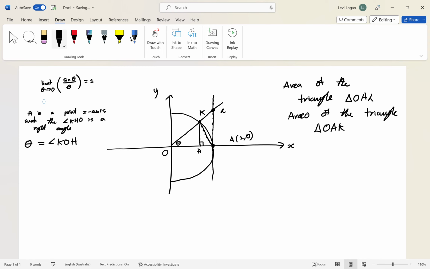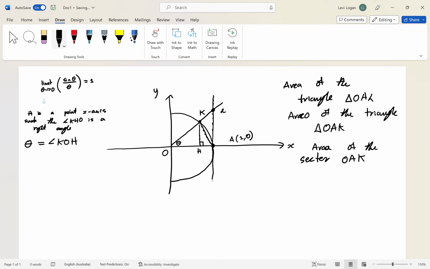And we also want to find an expression for the area of the sector OAK.